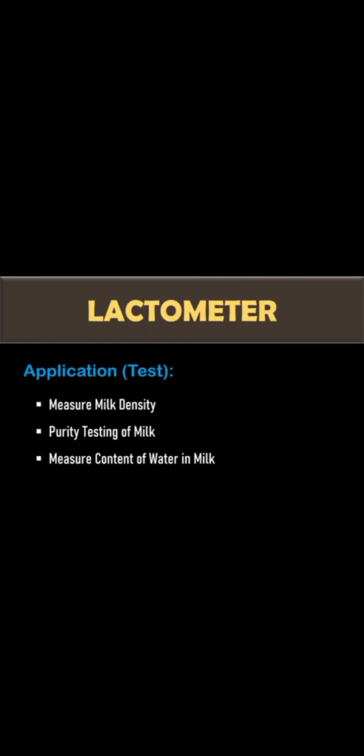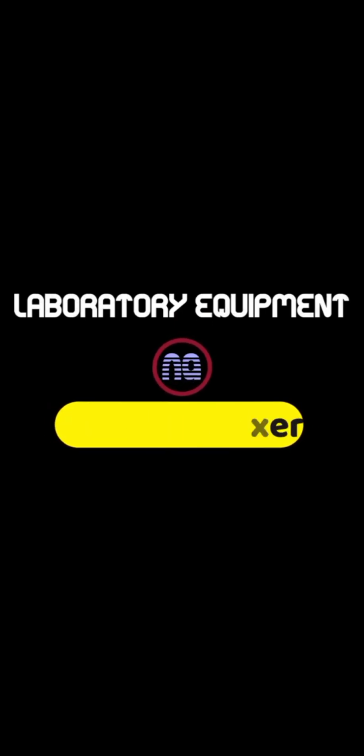Lactometer can also be used to measure the level of water or moisture content in a milk or a milk product. Number 9, a blender or a mixer. In a laboratory, a mixer or a blender is used to grind semi-solid samples, chemicals, or ingredients. It's also used to blend different samples, different chemicals, or liquids together.